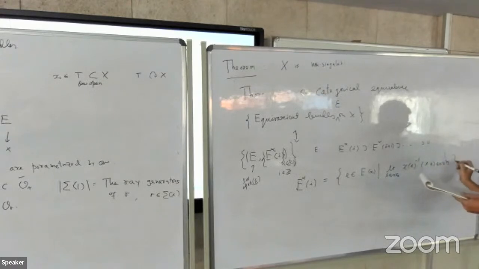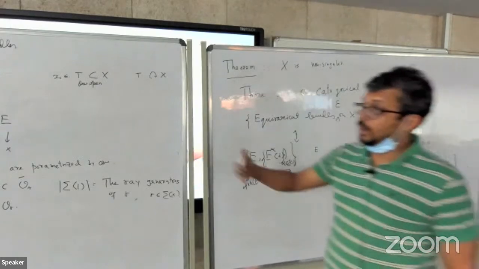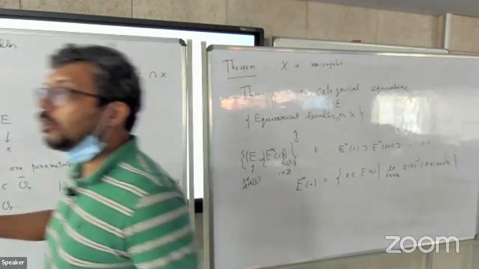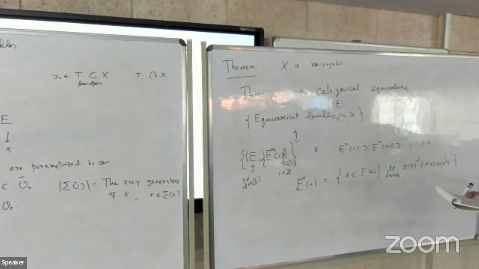So this is how Klyachko defines it. You can define it another way when the variety is not smooth, using the isotypical decomposition. But this is another way of defining. So this exists.